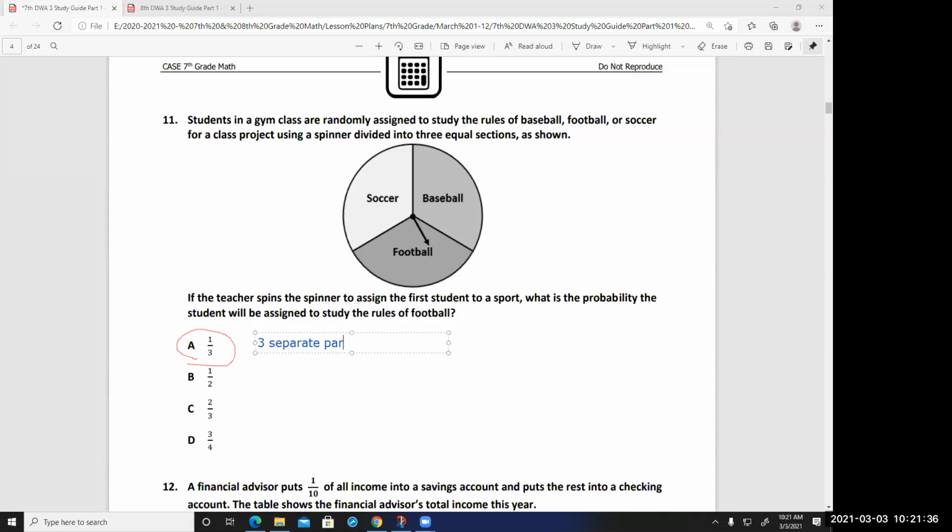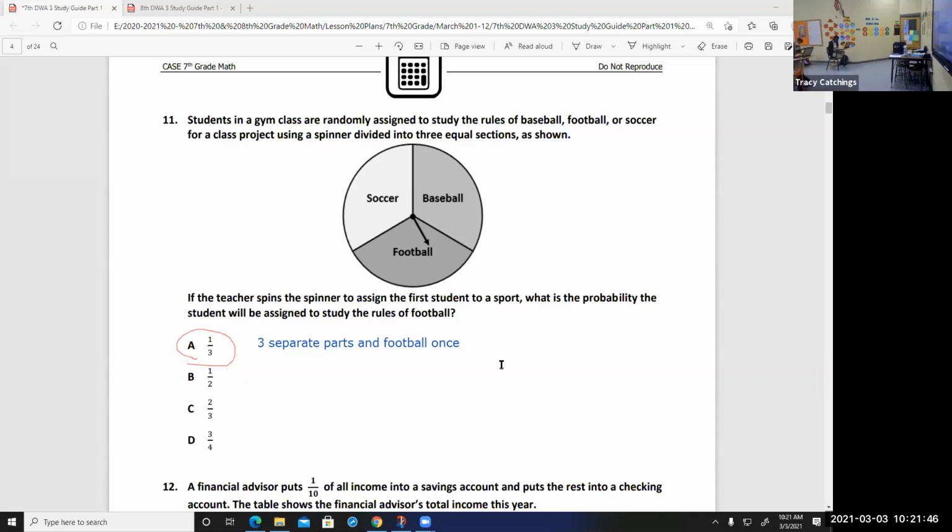He could spin one time football, one time out of soccer and baseball. You're saying 1/3. So we got 3 separate pieces, and then we got football on that thing one time, 1/3. Any questions about it? These are probability questions. We shouldn't get them incorrect. Just look closely at what we have.